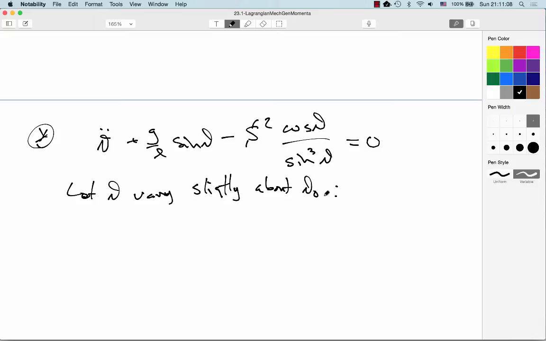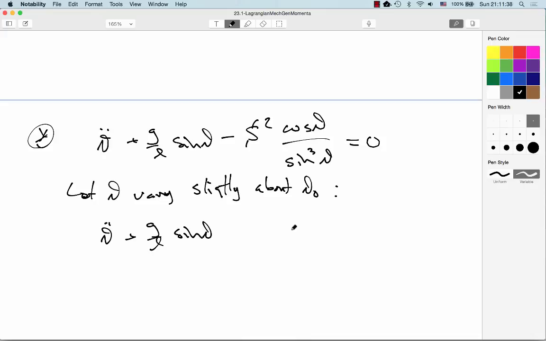So if we do that, we'll have theta double dot plus g over L sine theta. Our s squared we worked out is going to be, did I drop a minus sign? No, I did not.